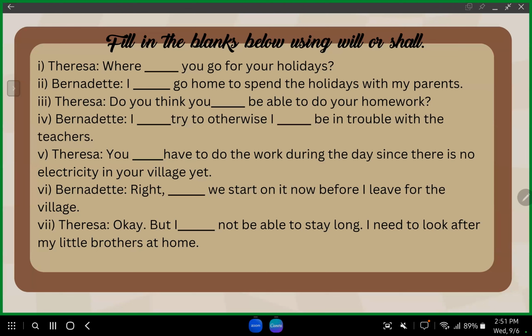Ariel, number one, where will you go for your holidays? Thank you. That's correct. The second one. The second, I shall go home to spend the holidays with my parents. Yes.